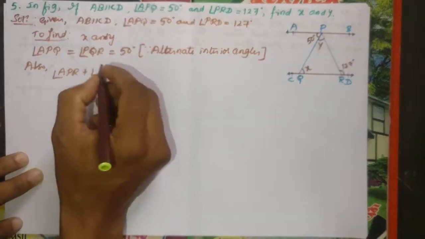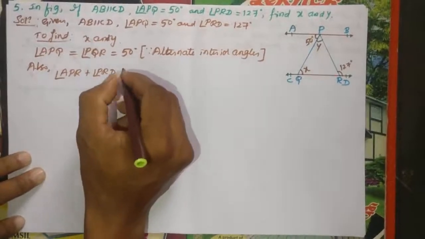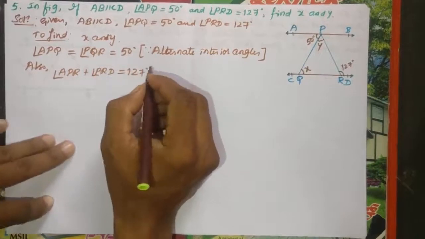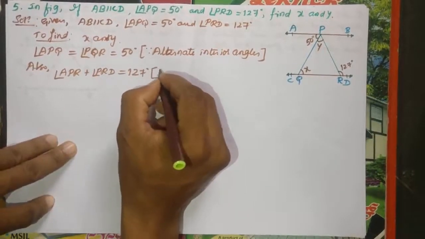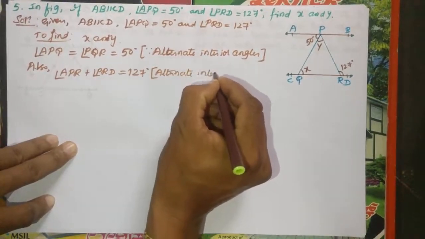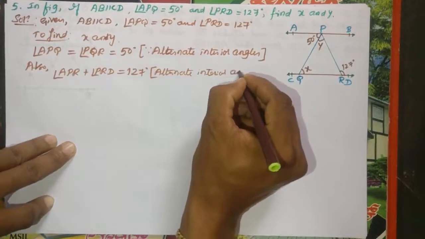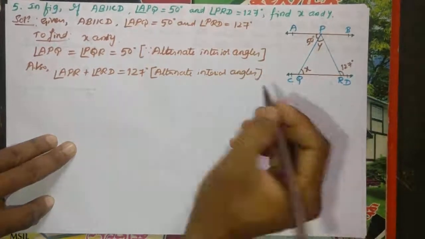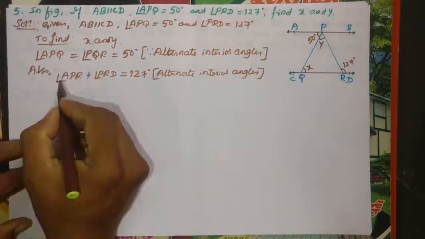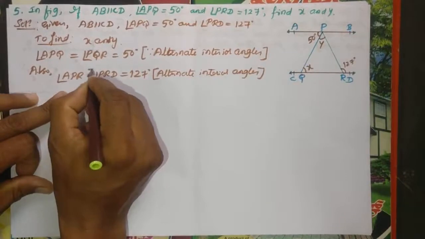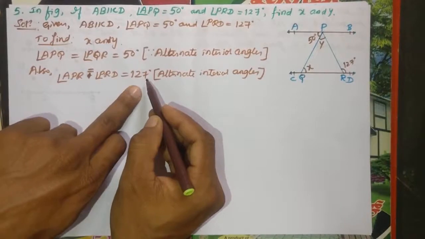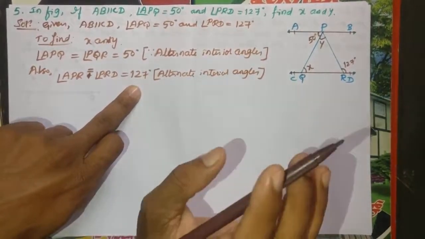Here APR is equal to angle PRD, which is 127 degrees, alternate interior angles.